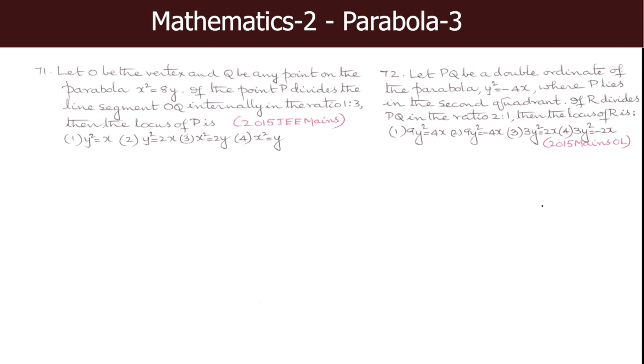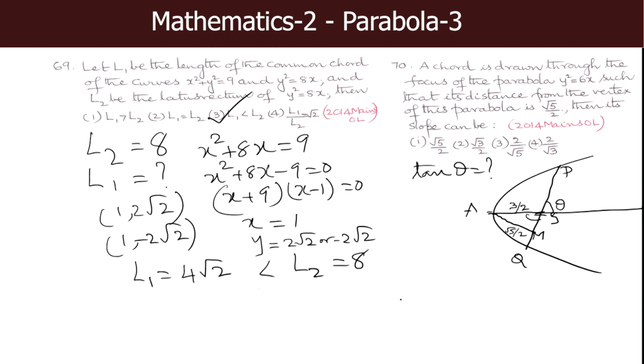This is also theta, and this is a right angle triangle, and sin theta is root 5 by 3, and this side is 2. So, tan theta is root 5 by 2. Simple question. So, the slope of this focal chord is root 5 by 2.